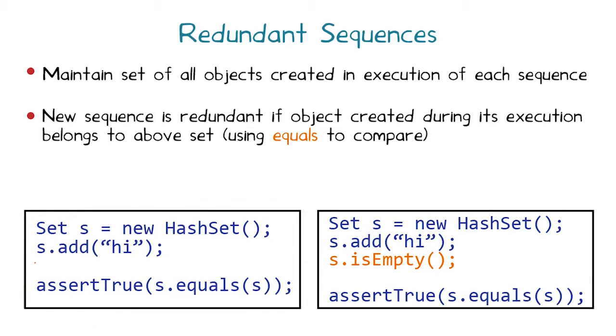On one hand, this comparison may mistakenly deem a new object as equal to a previously created object, causing Randoop to conclude that a sequence is redundant and thereby miss bugs that can be triggered only by extending that sequence. On the other hand, this comparison may mistakenly deem a new object as not equal to a previously created object, causing Randoop to conclude that a sequence is not redundant.